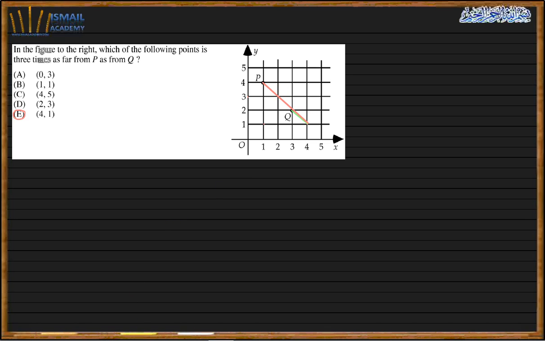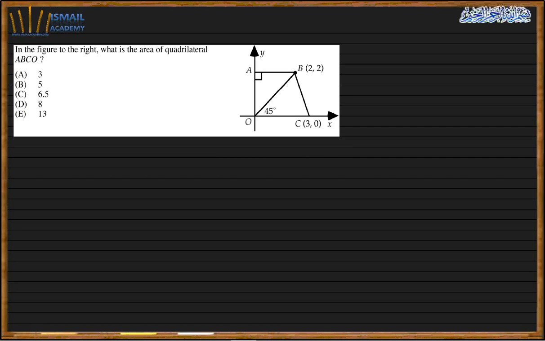Next question. In the figure to the right, what is the area of the quadrilateral ABCO? I see here there are two triangles. This is the coordinate 2, 2, which means that if I project this point here, I will have the height of this triangle, which is 2, and the base again is 2.